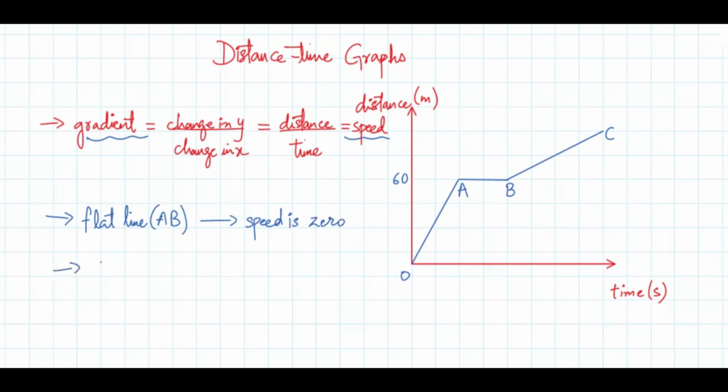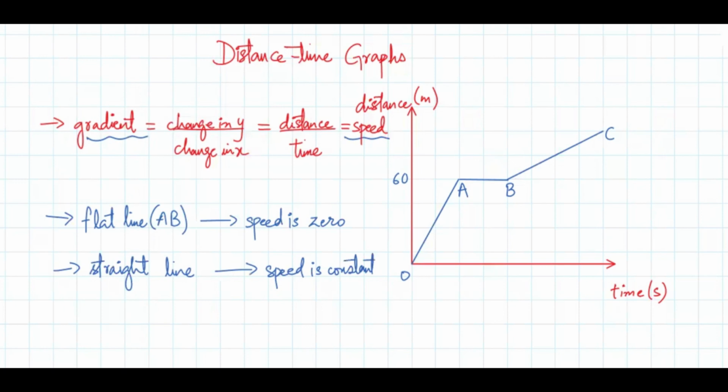Next, we can have straight lines, which maybe are going up. So a straight line tells you that the gradient is constant, so the speed is constant. Now there could be different steepness of a straight line.